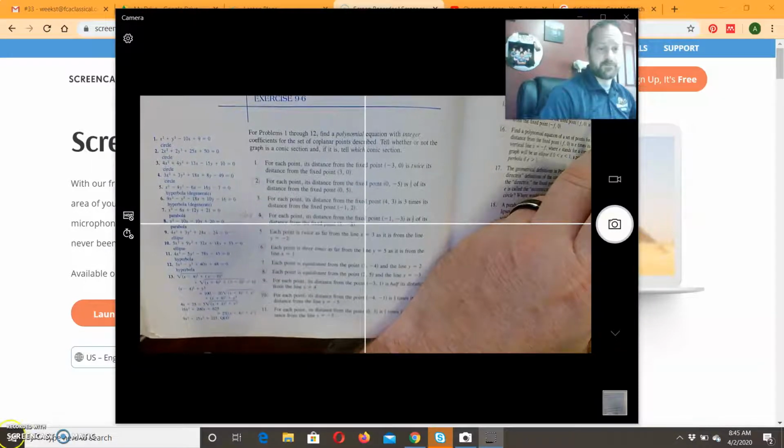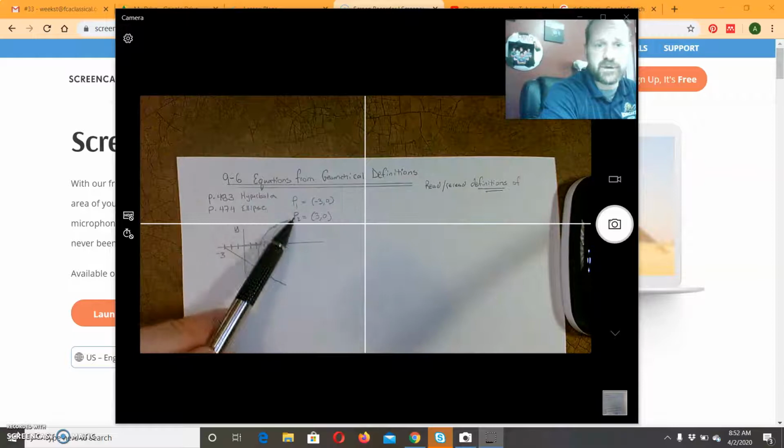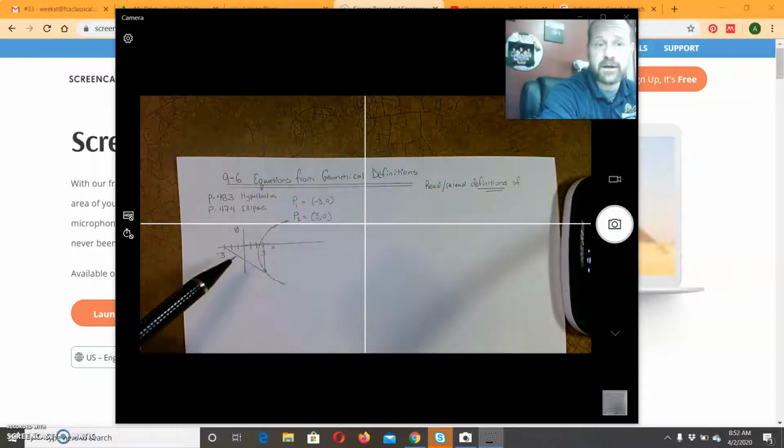In the instructions it says you're given 2 points, -3, 0, and 3, 0. I'm just making this up because I have no idea what this looks like. It says that the distance from one fixed point to a point on the graph is double the distance from the other.